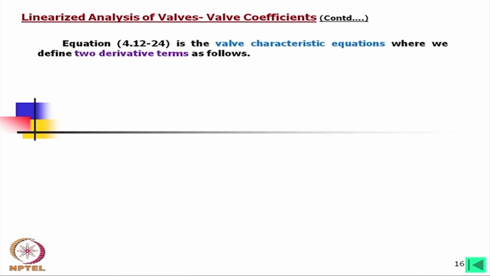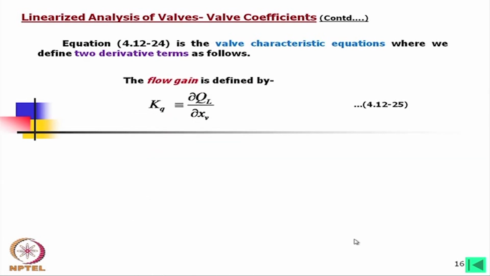Now, equation 24 is the valve characteristics equation where we define two derivative terms as follows. These are very important. All fluid power control engineers will ask, what is flow gain? Flow gain is K Q, equal to del Q L by del x v, in equation 24.